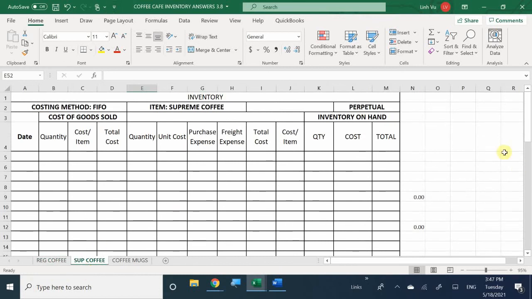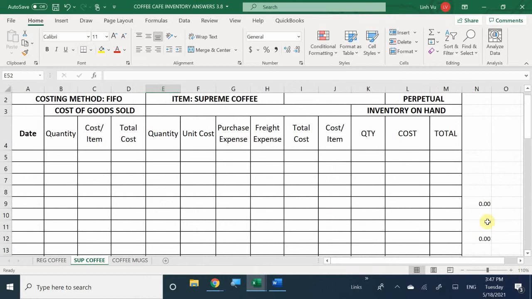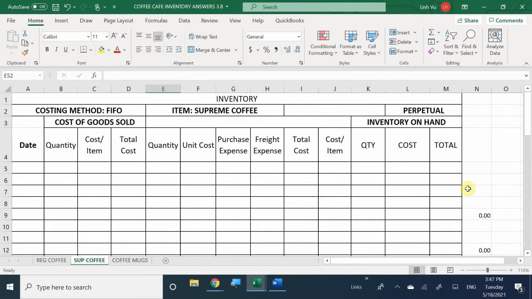And we move on to our second table here, which is our other perpetual table. But this time, what costing method am I going to use when I sell my coffee, Supreme Coffee? We're doing FIFO. So in this case, let's go ahead and enter in the information.